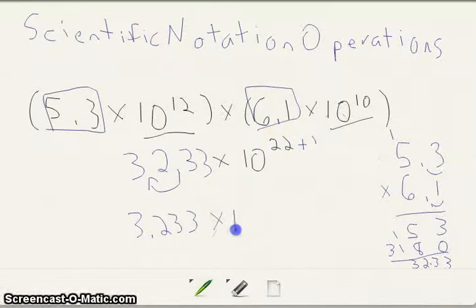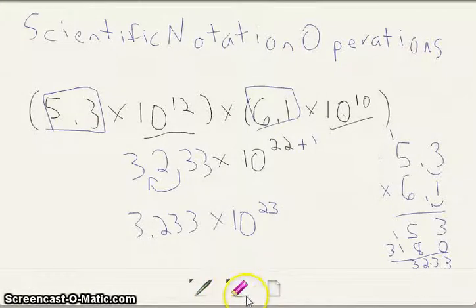So I'm going to get 3 and 233 thousandths times 10 to the 23rd. The most you'll ever have to add there is 1. So like my first example, you didn't have to add anything because I still had a number between 1 and 10. But in my second example, I didn't, so I had to move that decimal and add 1 to my exponent.